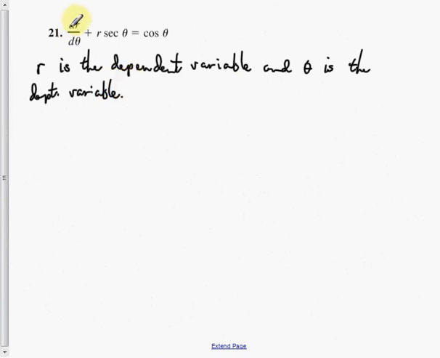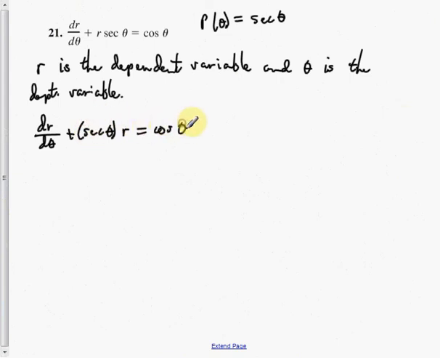Well, the coefficient of dr over d theta is 1, so that's what we like. So P of theta would be this secant theta. So you can write this as dr over d theta plus secant theta times r is equal to cosine theta.